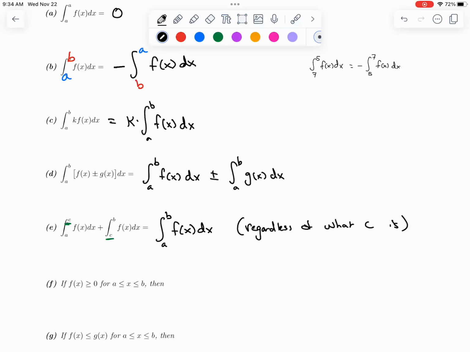So as an example of this, the integral from -7 to 10 of f of x dx plus the integral from 10 to 3 of f of x dx is equal to the integral from -7 to 3 of f of x dx.